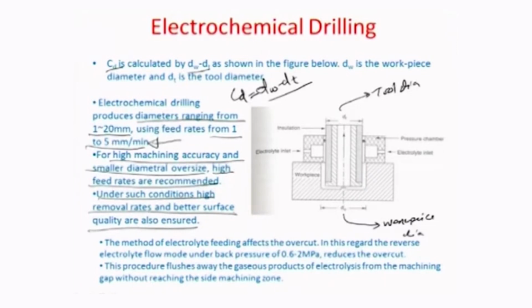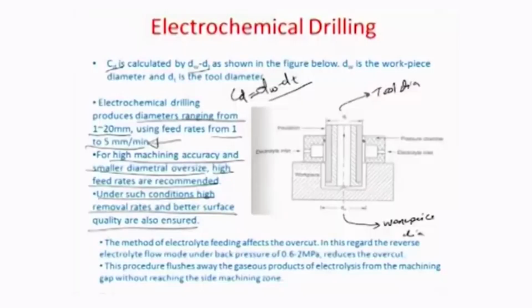So, the method in which you feed the electrolyte sometimes influences the overcut as such, and the overcut is basically the amount of CD, which is basically the difference between the workpiece diameter which gets finally formed and the tool diameter that you are using. Okay. So, for example, in this regard the reverse electrolyte flow mode under back pressure reduces the overcut.